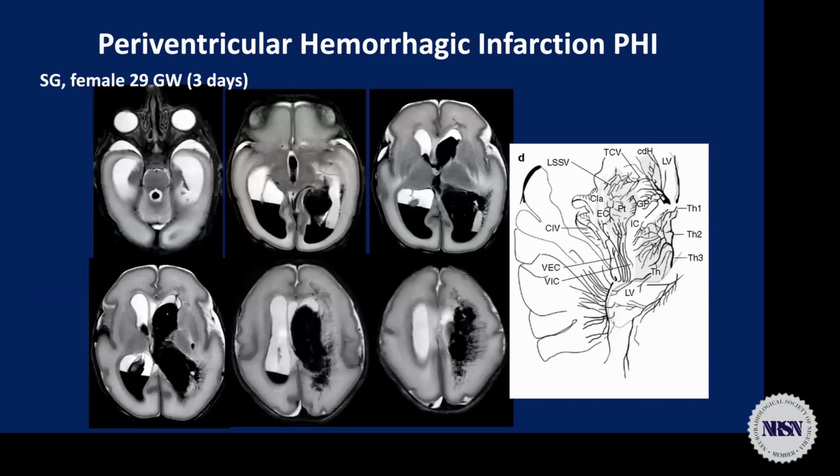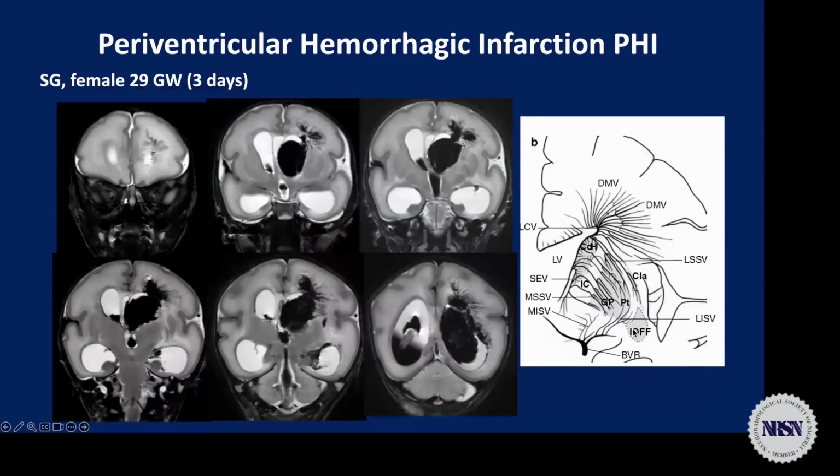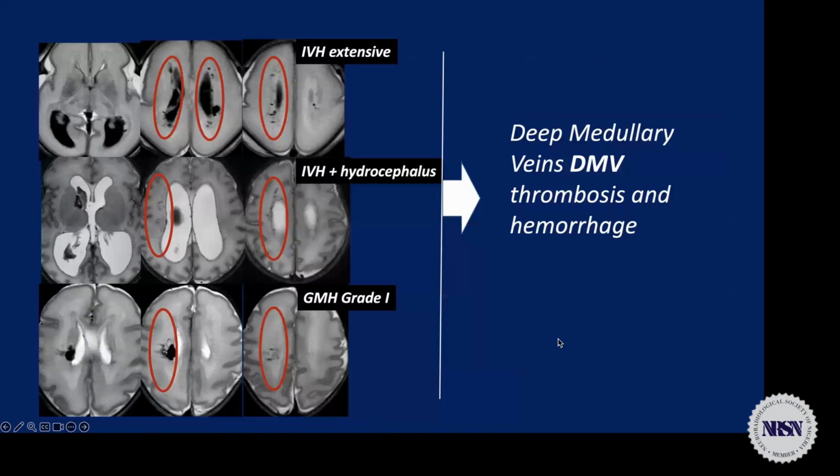You can see here very well how MRI depicted all the blood within the region of the medullary vein and this huge periventricular hemorrhage in case of primary germinal matrix hemorrhage. You can see here also in the coronal view, all these images are related to the dilated medullary veins that are full of clot, full of hemorrhages.